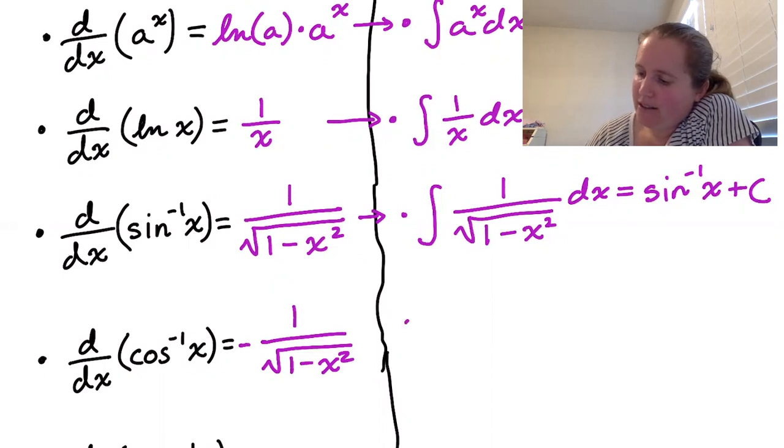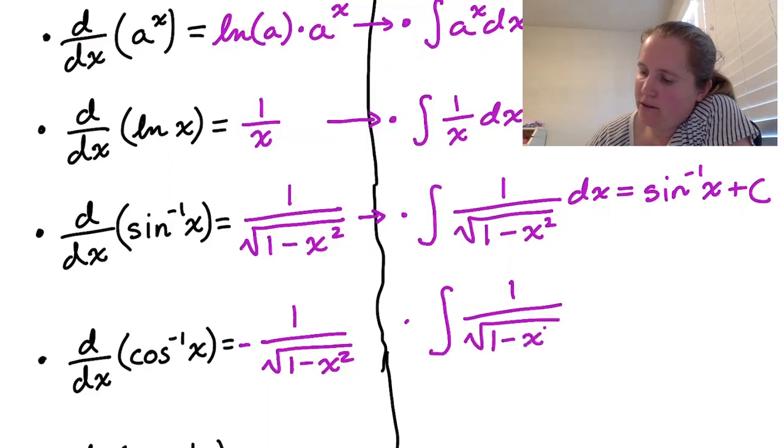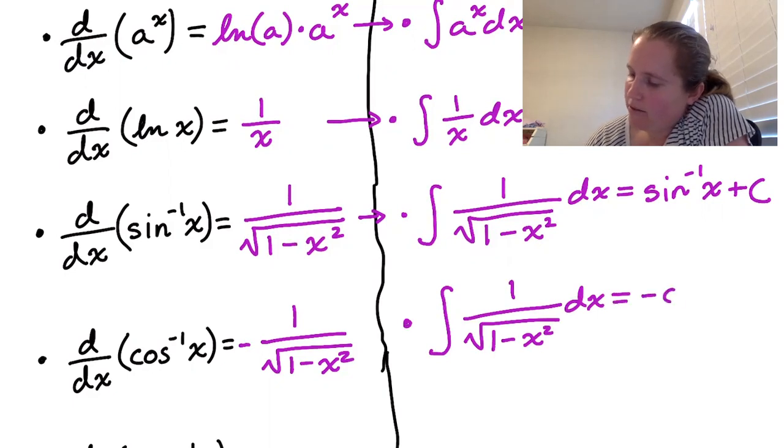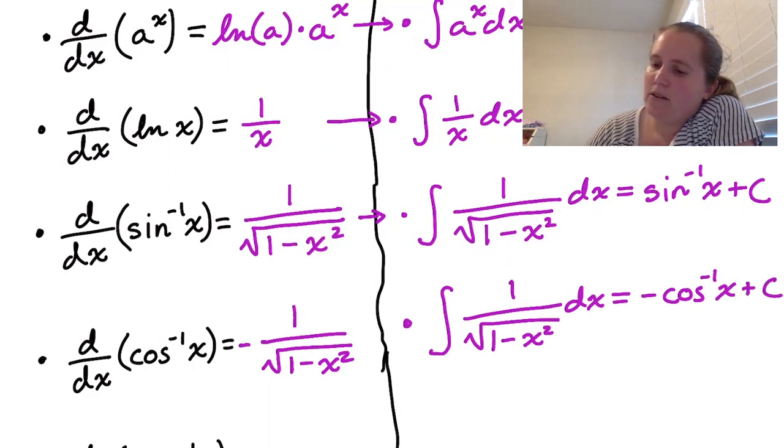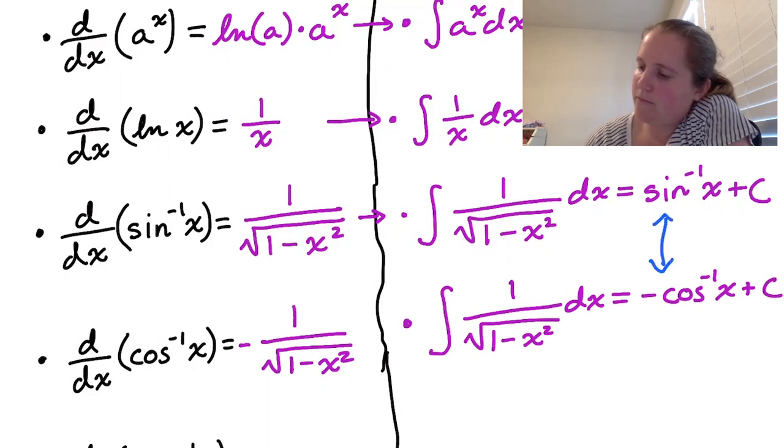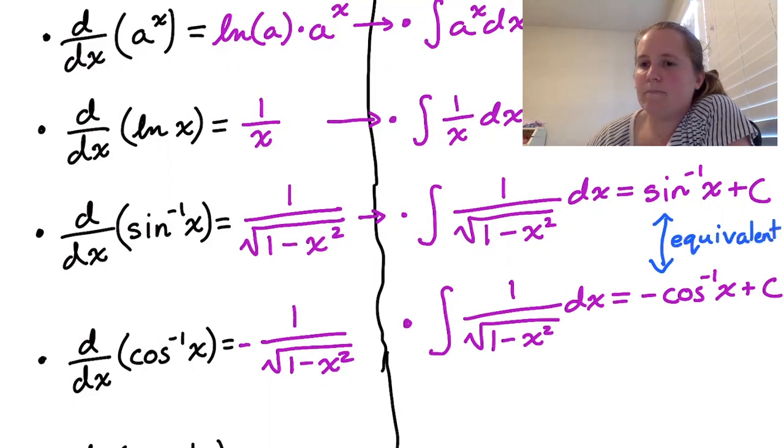We actually get that the integral of 1 over the square root 1 minus x squared dx could also be written as negative inverse cosine x plus c. So these are equivalent. Not cosine inverse and sine inverse, but once we add for that shift, we get an equivalence.